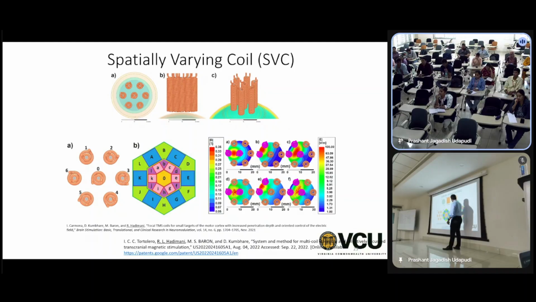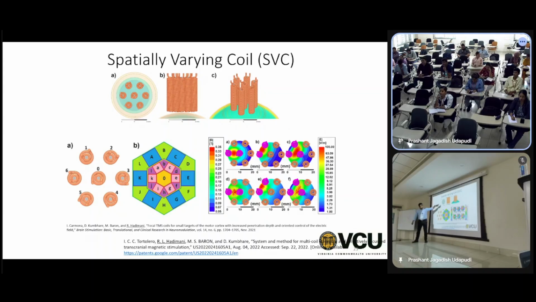And if these are turned on, you get a smaller area of stimulation. If you turn on these two, you get it here, okay? So now if we have this kind of coil configuration with magnetic materials in all these coils, we can make the magnetic field go through that ferromagnetic core instead of dispersing, okay?